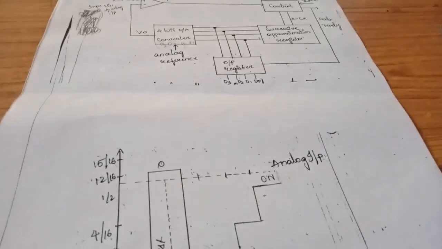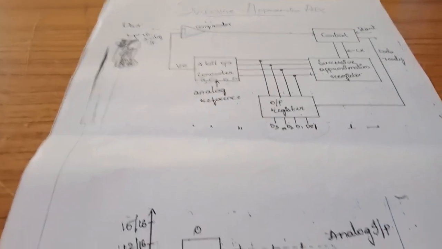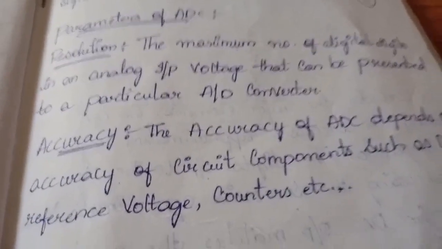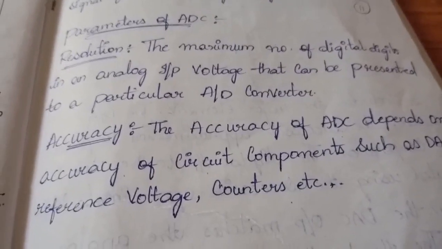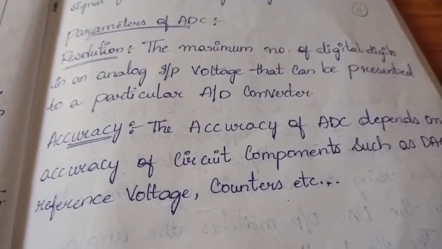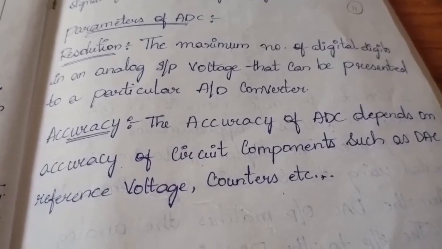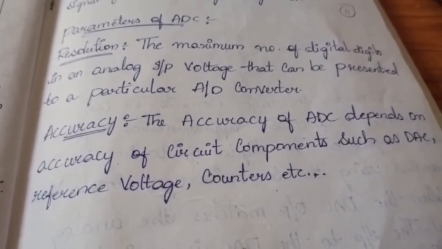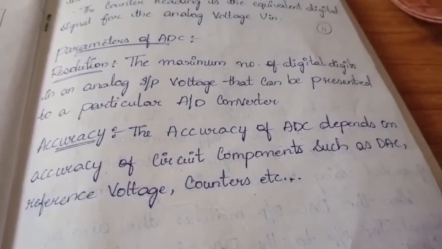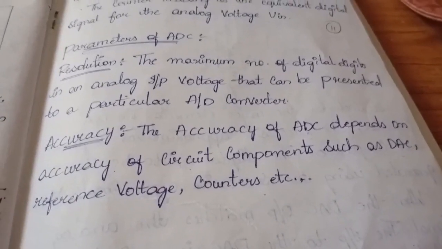Resolution means the maximum number of digital inputs that can be presented to a particular D to A converter. Accuracy means it depends on the circuit components such as A to D, reference voltage and counters.